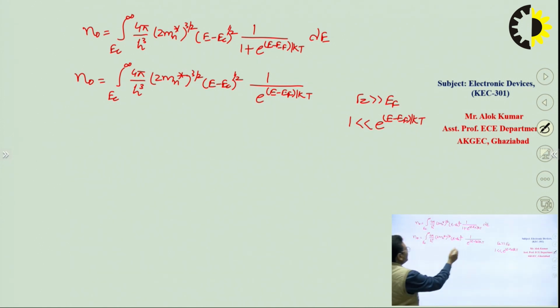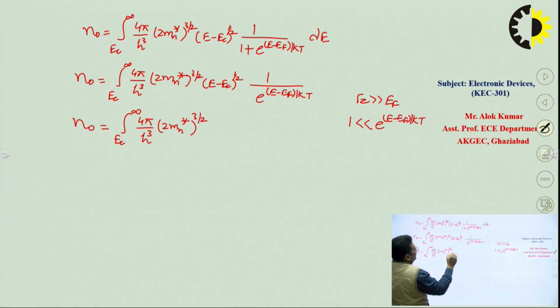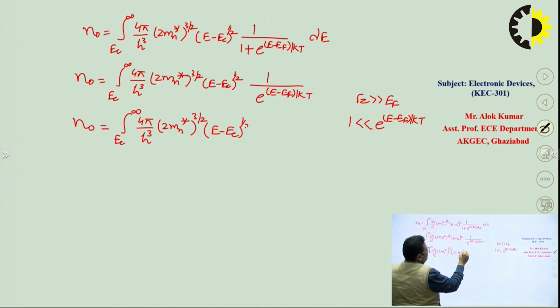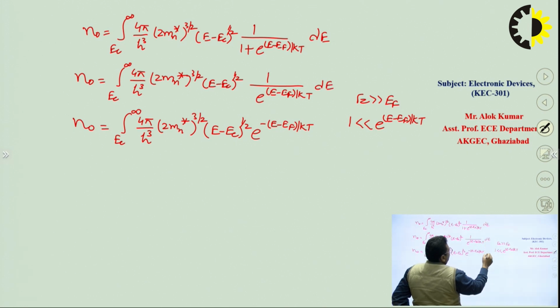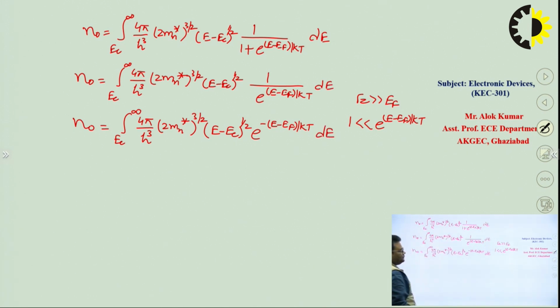Now we can rearrange these terms and write it as the integral from EC to infinity of 4 pi upon h cube into (2 m n star) to the power 3 by 2 into (E minus EC) to the power half and e to the power minus (E minus EF) upon KT, with respect to dE. Now we can take the constant terms out from this integration.